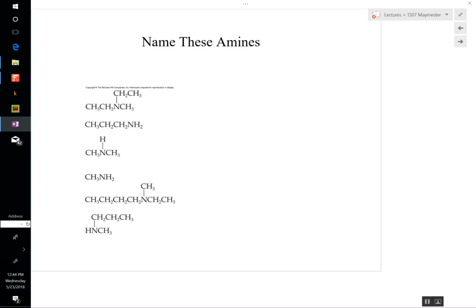Okay, let's just do one more here. Along this line here, I want you to grasp why we would have to do this. Let's say we had a molecule like this. 1, 2, 3, 4, 5, 6, 7.